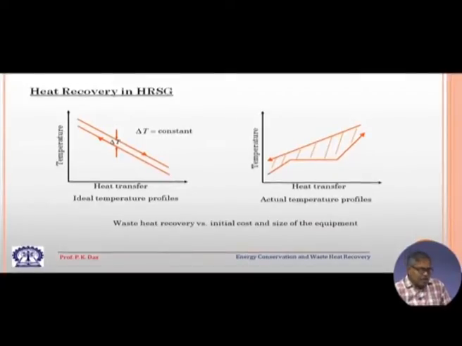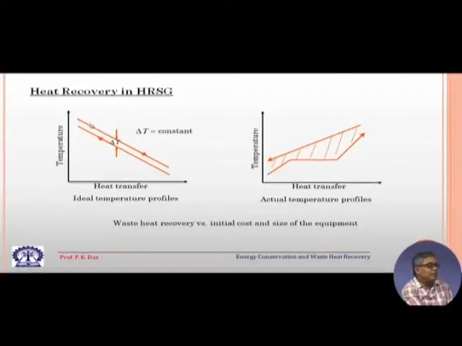In any heat exchanger, there will be two fluids involved for the heat exchange process, and in a counter current heat exchanger, these two fluids are flowing in opposite direction. So, the HRSG, forgetting about the individual heat exchangers inside the HRSG, grossly we can take it as a counter current heat exchanger.